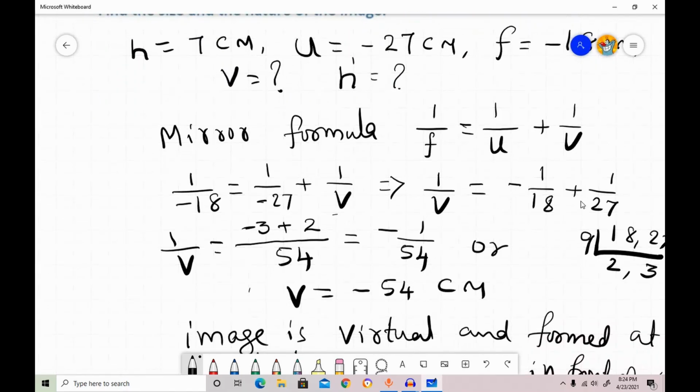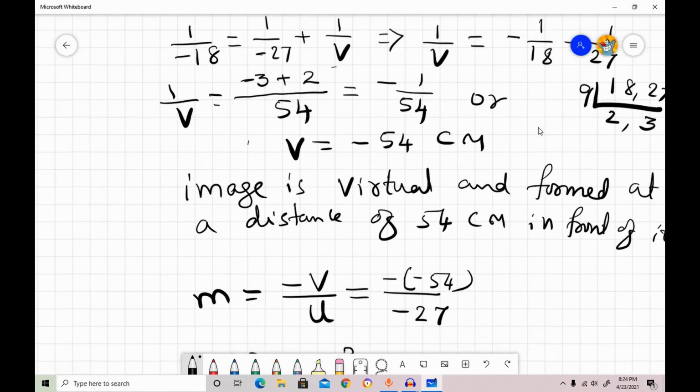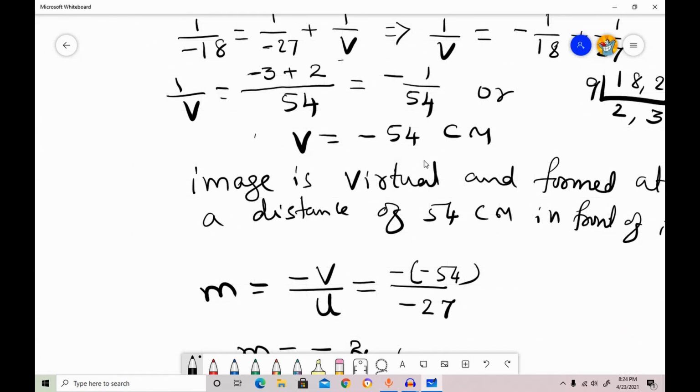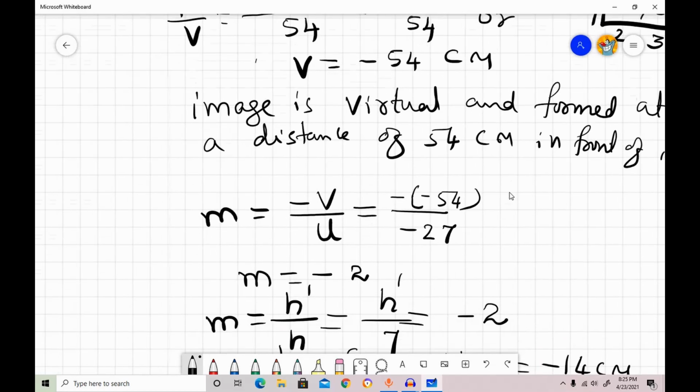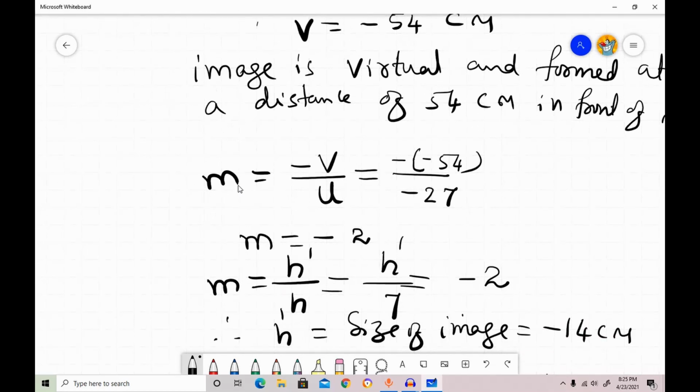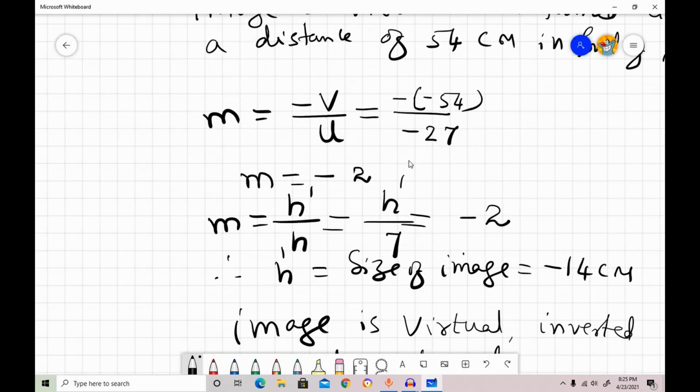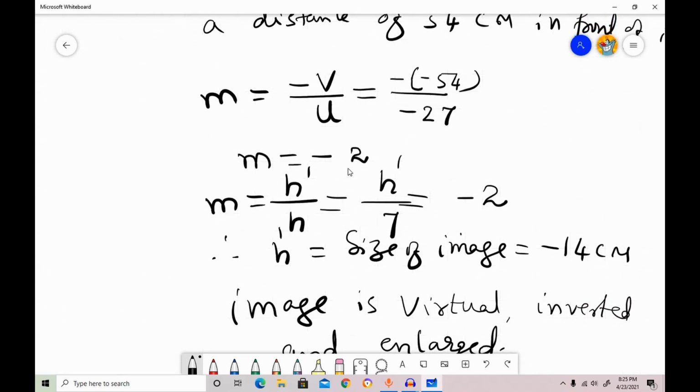Then write the mirror formula, substitute the values and do the calculation. You will get v is equal to minus 54. Because of the minus sign, it is virtual and it is formed at a distance of 54 centimeter in front of it. Then recall the magnification formula, minus v divided by u, substitute the values, minus of 54 and minus 27, it becomes m is equal to minus 2.